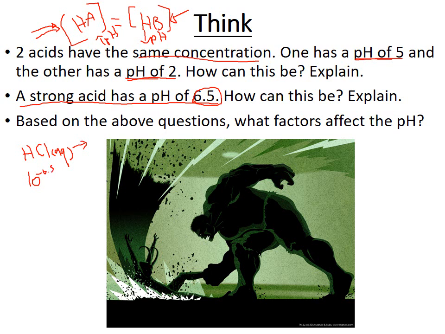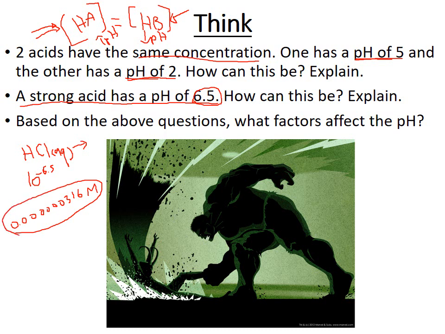Remember, to find the concentration of acid, you do 10 to the power of your negative pH. So if you put that in your calculator, that's 0.000000316 molar.